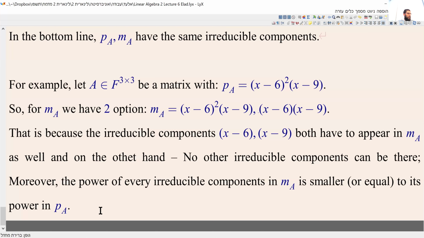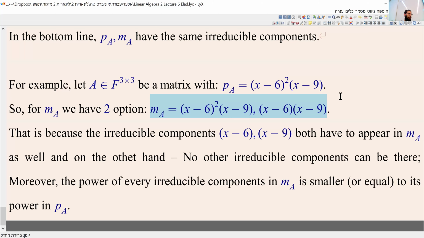So only two options. Now, technically speaking, when we have a specific matrix in front of us and we want to calculate the minimal polynomial, we first calculate the characteristic polynomial, the determinant of xI minus A, etc. Then we can write down our options for the minimal polynomial using the same consideration as we did here.